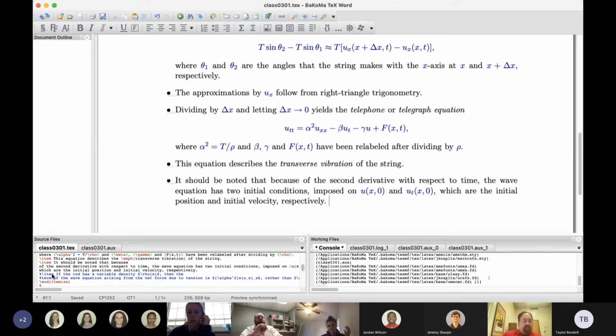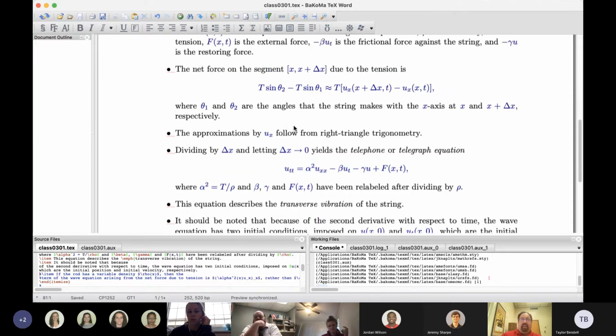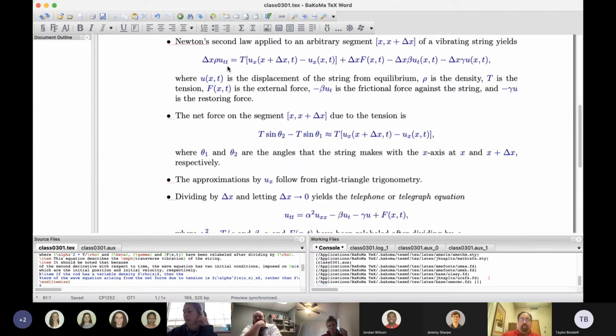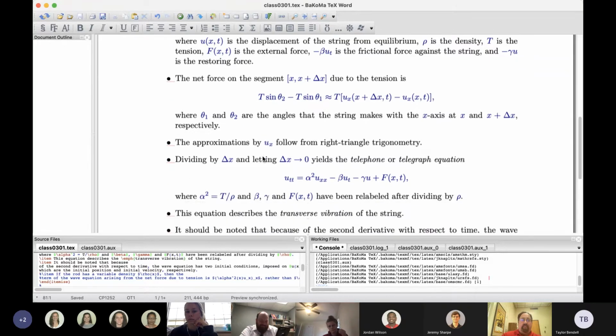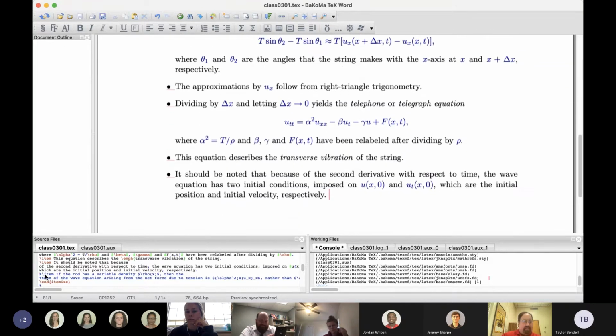All right. Now, the ongoing assumption here in this description of the forces is that rho, the density, is constant. So we have a string of uniform density. If not, that would change the equation somewhat.